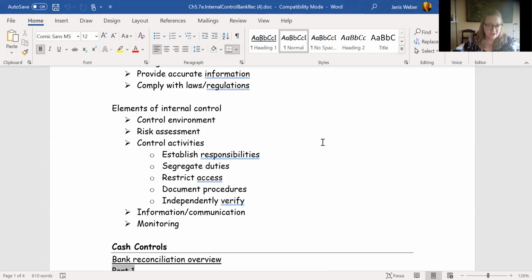And so that can stop a lot of trouble. And then that's just on the cash side. There's also a lot on the order processing and delivery of goods and things like that can be put into place to try to mitigate the risk.